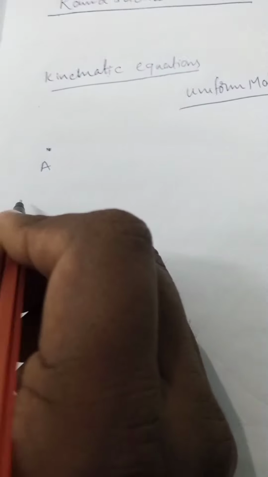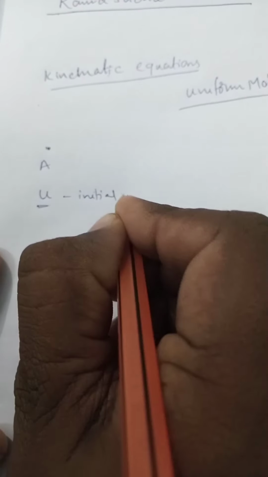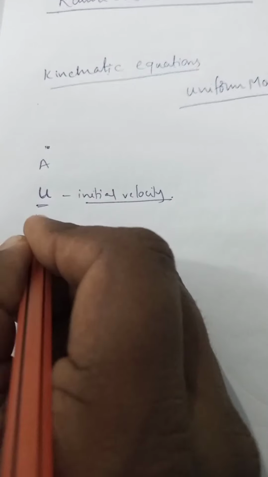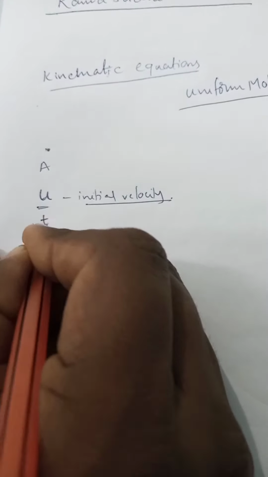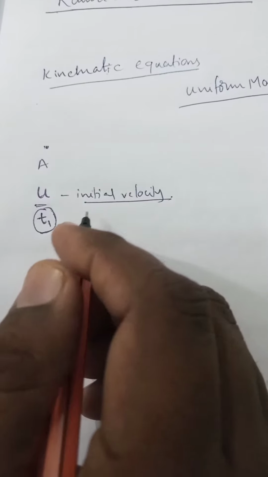So now we consider an object at a position A. Here u is the initial velocity, at a time t1, which is the initial time, initially 0.